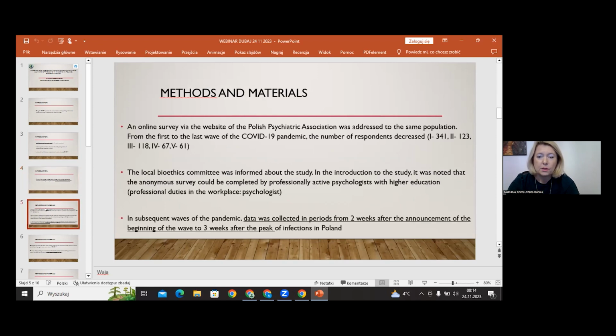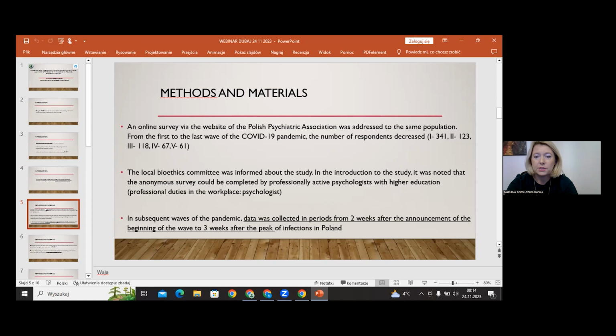And we had 5 waves of the pandemic, and we asked via an online survey on the website of the Polish Psychiatric Association. We asked our psychologists to tell about their subjective mental state and about changes in their everyday work life.